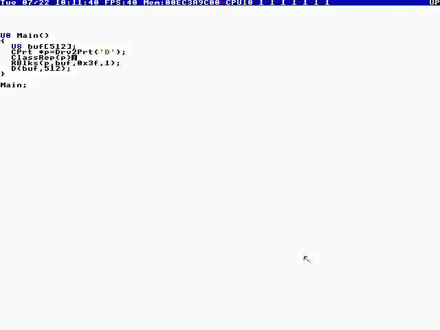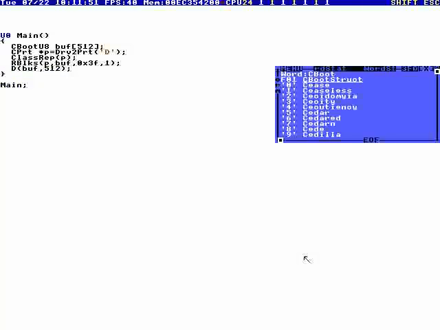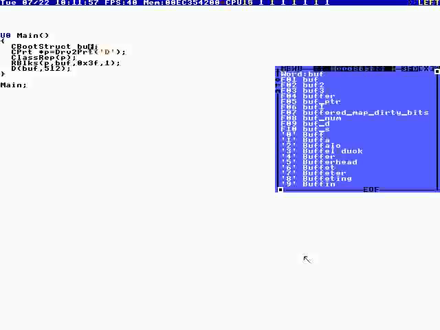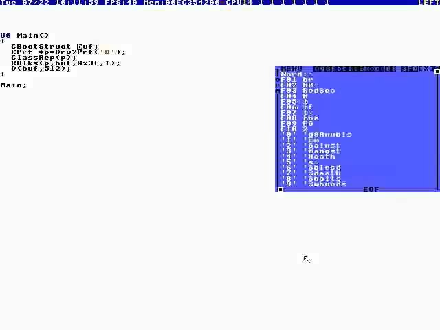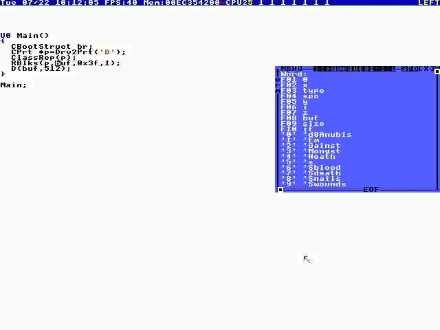Okay, so technically this is C boot structure code. I call it boot record. Address boot record.